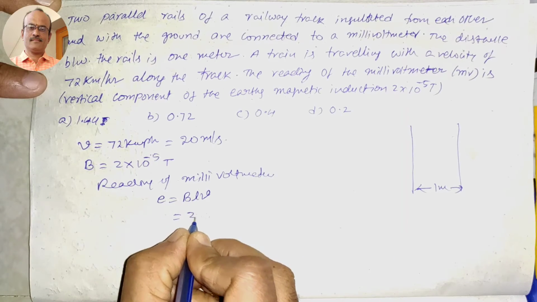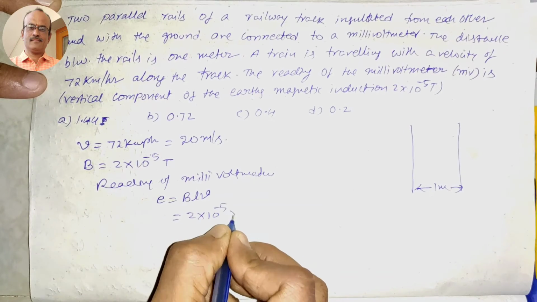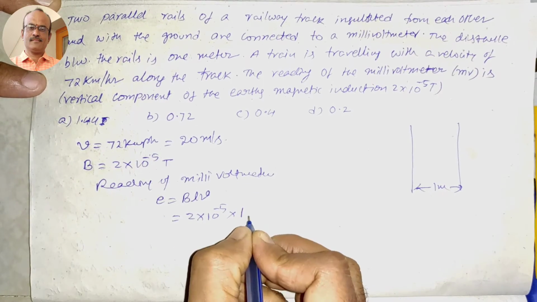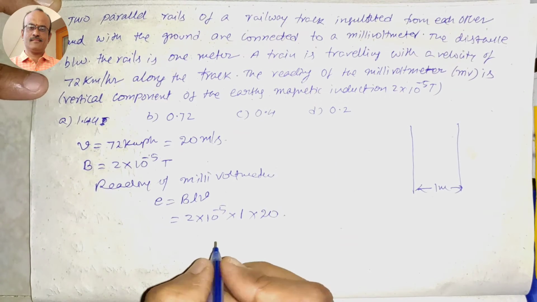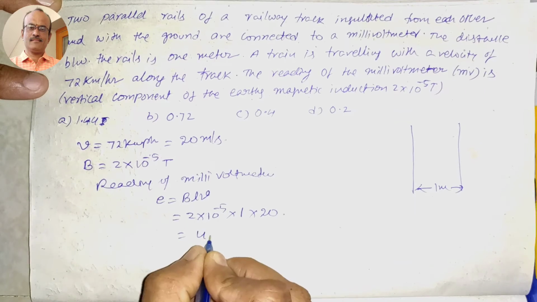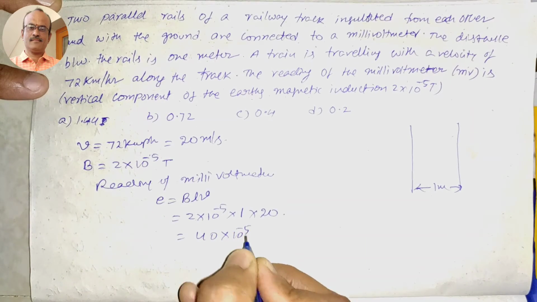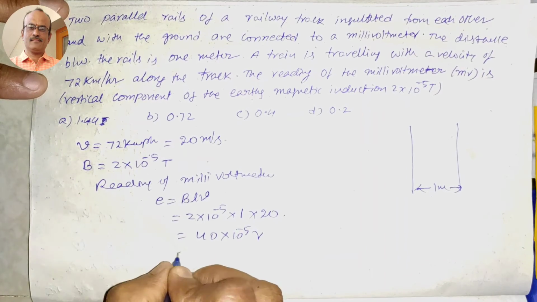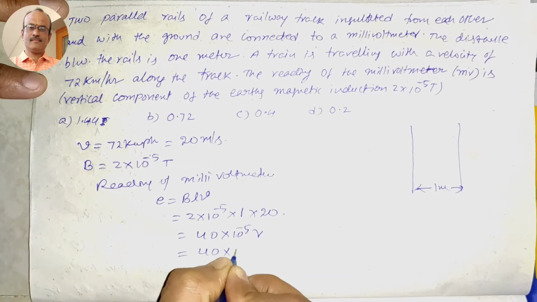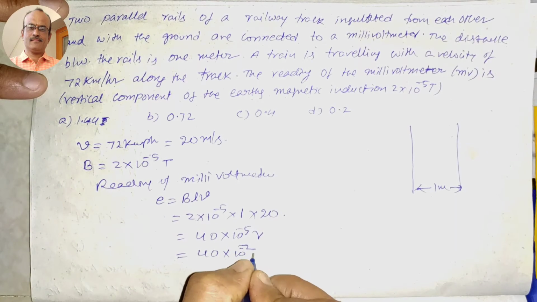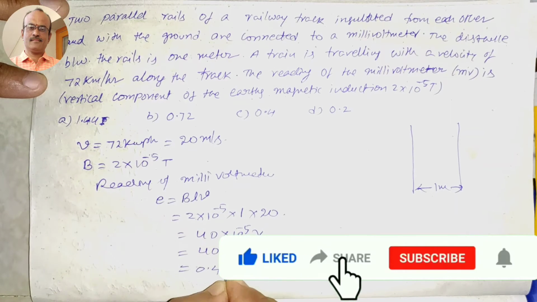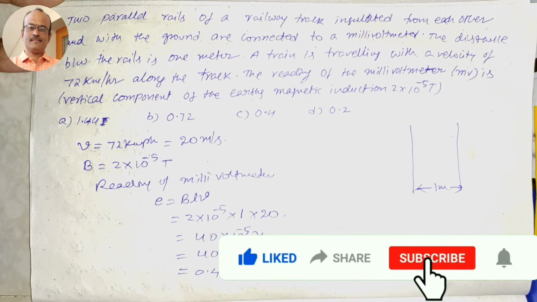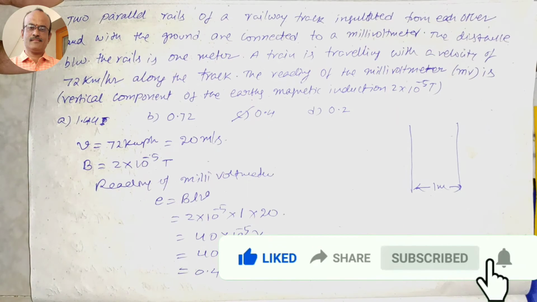So B is nothing but how much here? 2 into 10 to the power of minus 5 and length is 1 meter into speed 20 meters per second. On multiplication 2 into 20, 40 into 10 to the power of minus 5 volts, or otherwise 40 into 10 to the power of minus 2 millivolts, or otherwise 0.4 millivolts. So which option is correct here? Option C is correct.